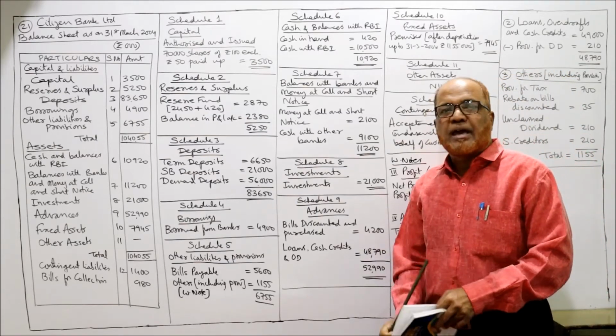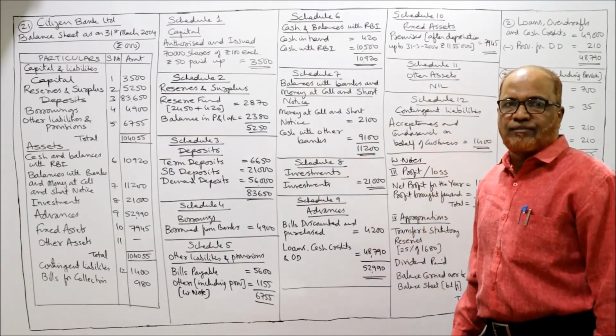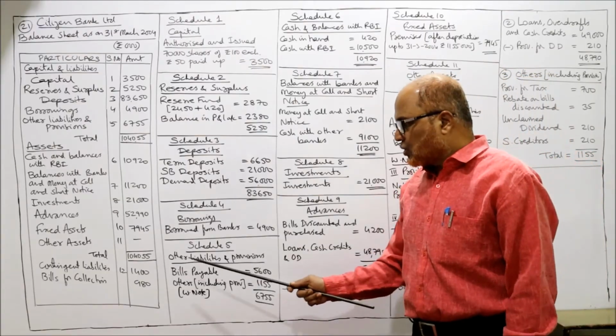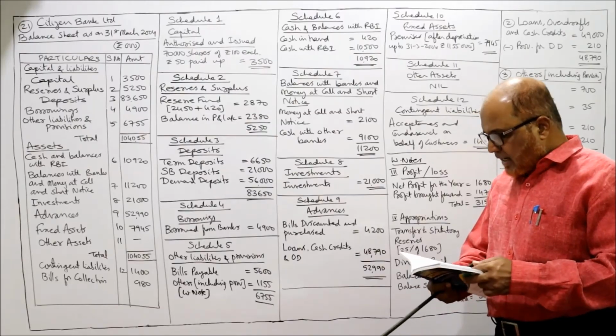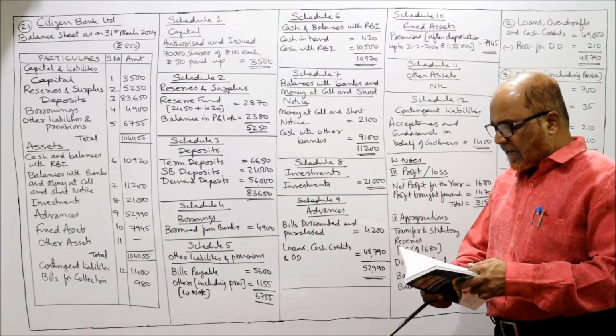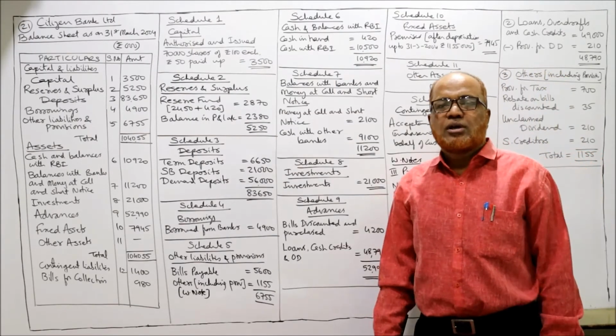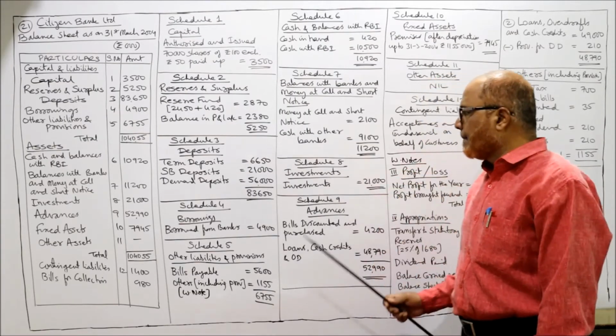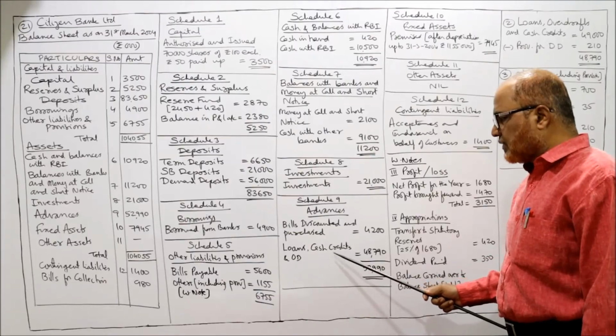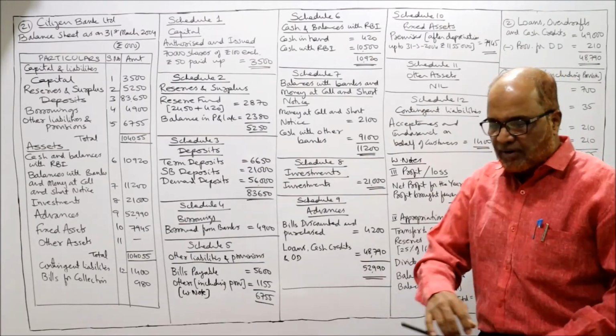Then comes bills payable, schedule number 5. This can be disclosed. So schedule number 5, bills payable, 5600. Next is loans, overdraft and cash credit, 49,000. This will be taken in 9th schedule. But here we need a working note.